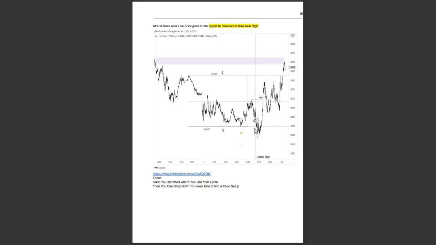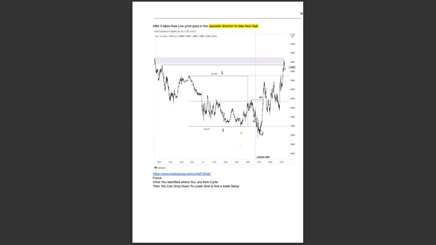So we saw that price took this low here, the Asian low, and was going there to take the Asian high. So you can realize that anytime the market takes a low, it might probably go on to take a high. That's where you can make your profit if you want to. But sometimes it doesn't happen all the time.